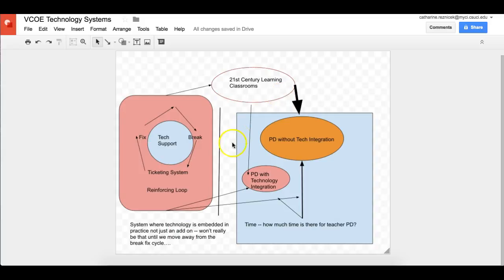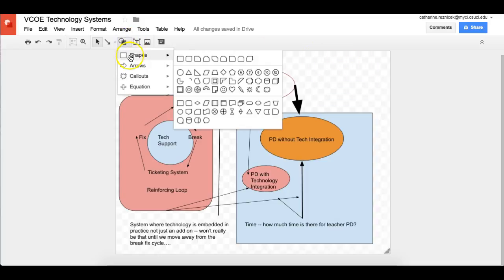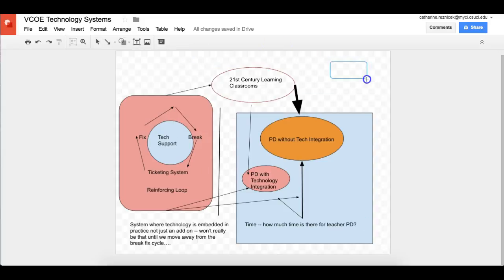I'm not sure where we can add a balancing loop. I don't think we have a balancing loop right now. We also have some other factors going on with our C and I folks, which is curriculum and instruction.